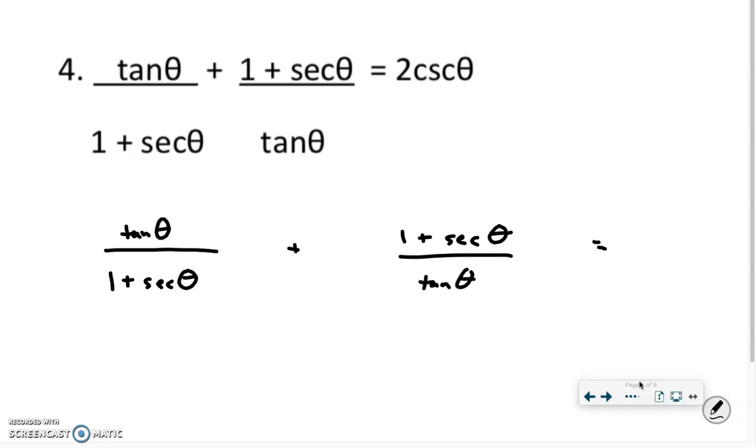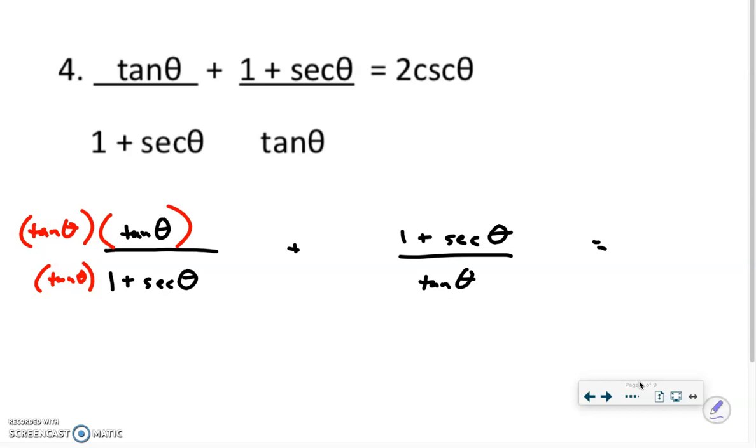Just like every other problem, if our task, our duty is to combine these fractions via addition, I have to have common denominator. So that means that I'm going to multiply by tangent theta. If we do that in the denominator, we also have to match that, do that in the numerator. So that's what's happening on the left side.